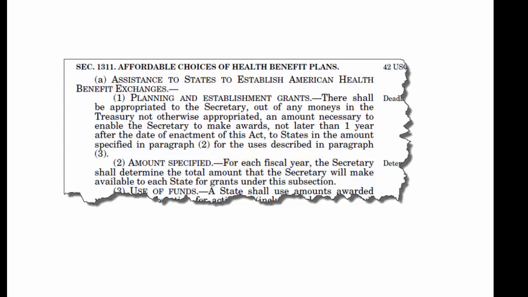However, it was determined from the purpose of this language, that is, making grants to states to assist in establishing exchanges, that the intent was for an indefinite amount necessary to make awards to be available only for each year the Secretary had to make awards, 1 year at a time. As you can see, determining period of availability requires a fair amount of analysis. Nobody ever said this was easy.